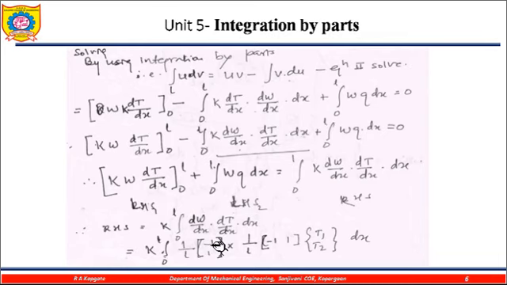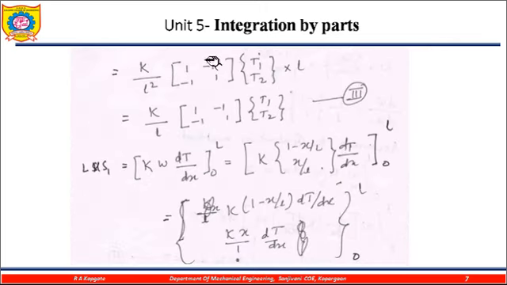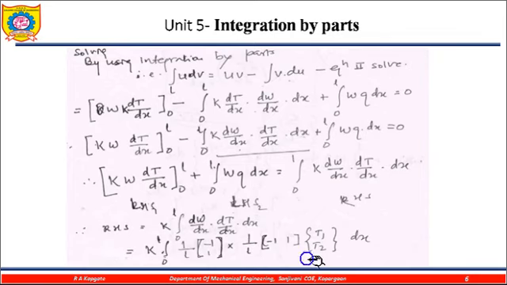Then the row, this is the minus 1, 1 multiplied by column. So whatever answer we are getting, we are writing here, and according to that this term is defined. So matrix of 1 minus 1, minus 1 1 multiplied by t1 and t2, and integration of this dx from 0 to L.